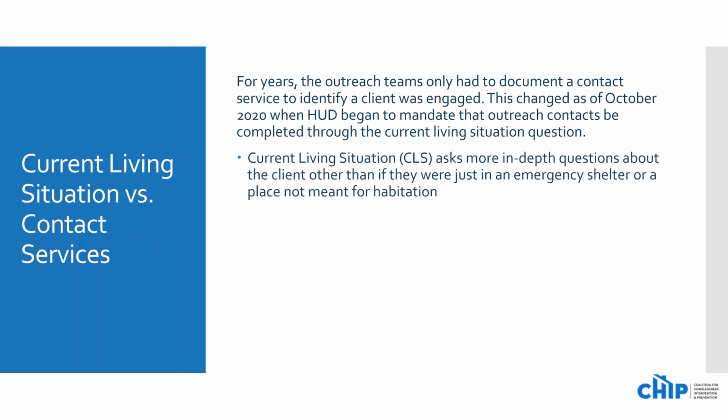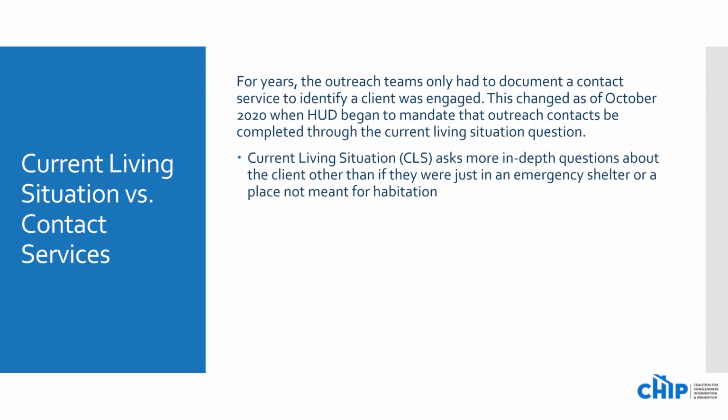And the current living situation is a more refined way to ask more in-depth questions about where the client is living. So, the outreach contact question, it was really only asking, so you documented a contact, and is this person still in emergency shelter or street or in a place not meant for habitation? And those were the two questions.